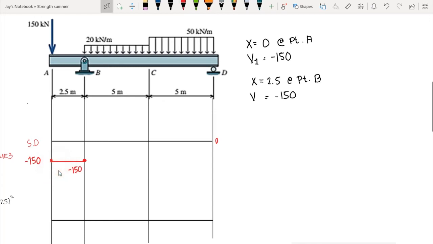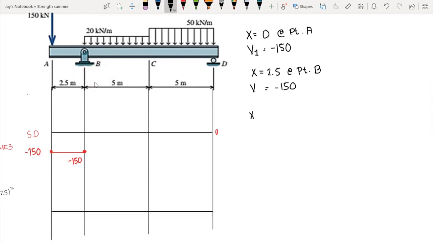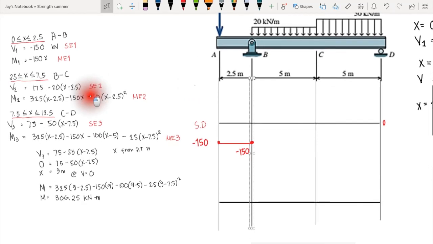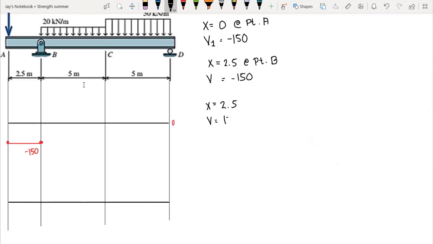Now let's draw the shear diagram in segment BC, at x equal to 2.5. We will start at B, and we are going to use the equation for B to C, that is this equation here: V is equal to 175 minus 20 times x minus 2.5.